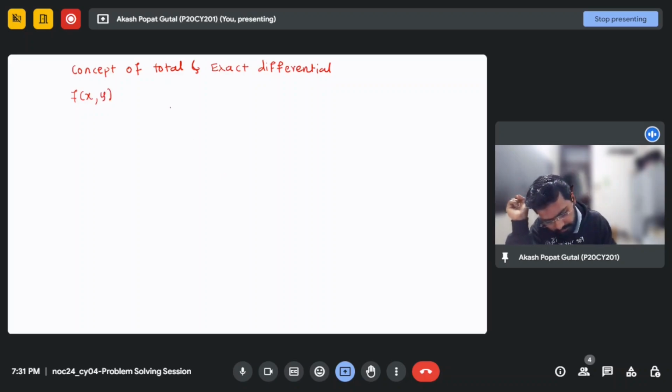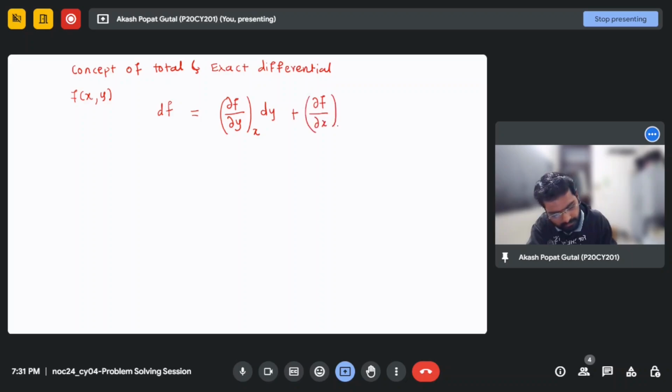Suppose the change in that function is equal to del f by del y, keeping x constant, into dy, plus del f by del x, keeping y constant, into dx.